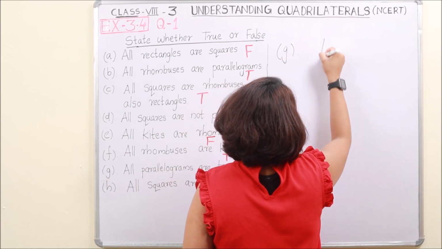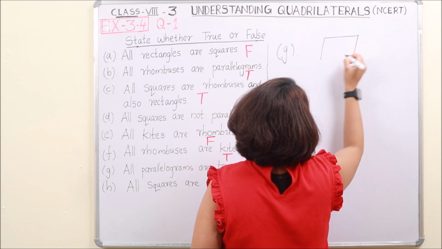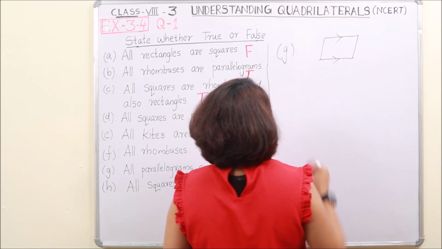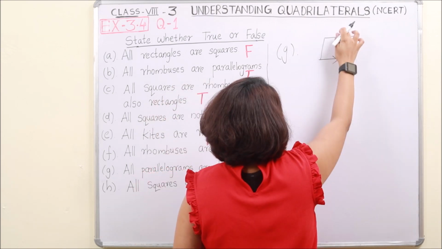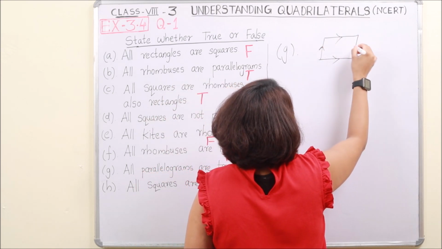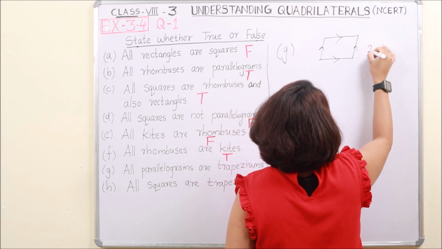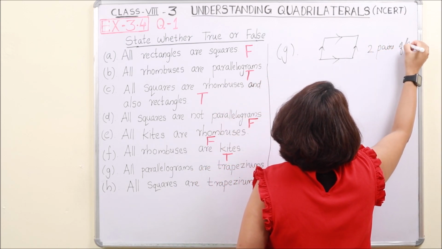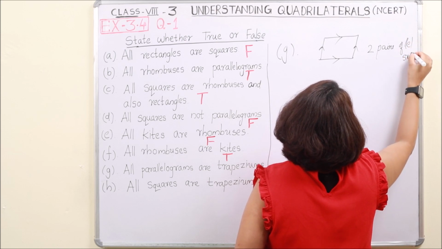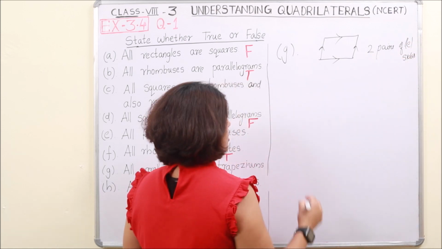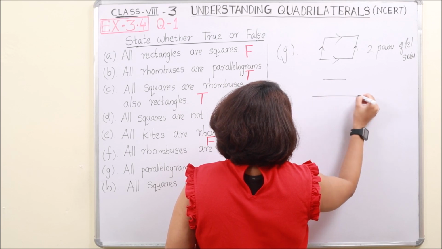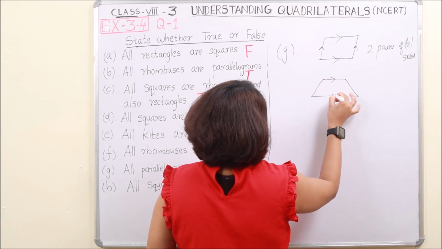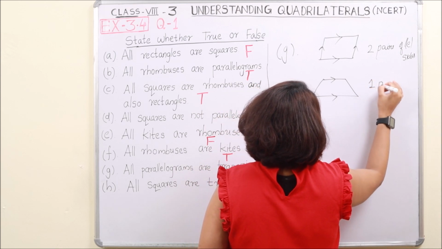In a parallelogram, two pairs of opposite sides are there. These two are parallel and these two are parallel. That is, two pairs of parallel sides would be there in a parallelogram. But in a trapezium, there should be only one pair of parallel sides.